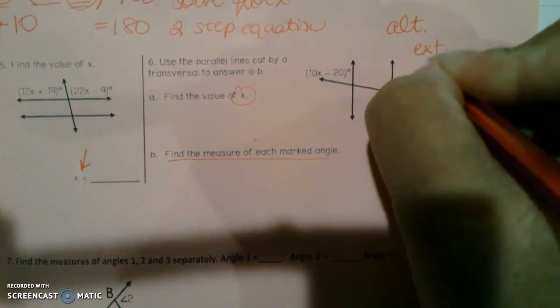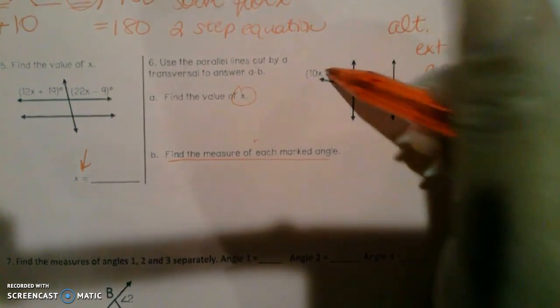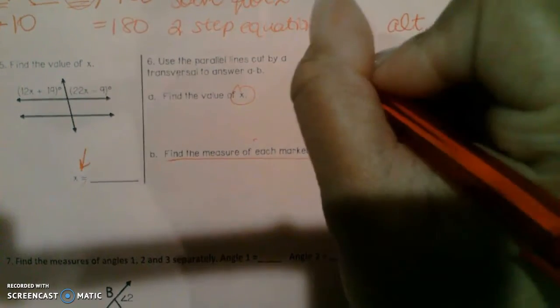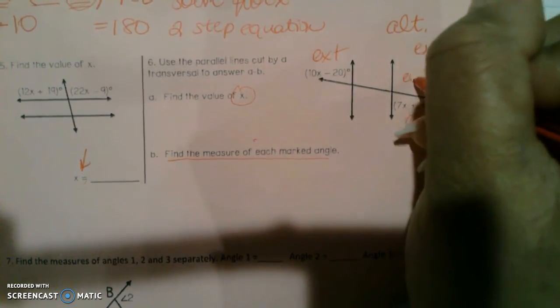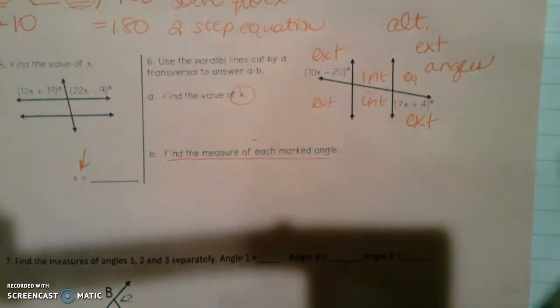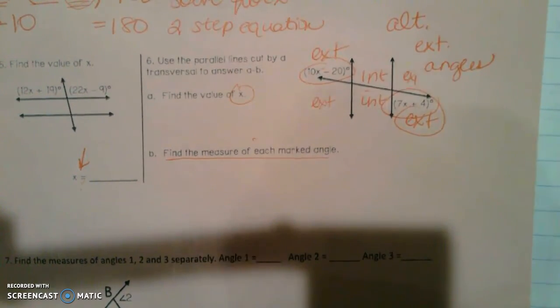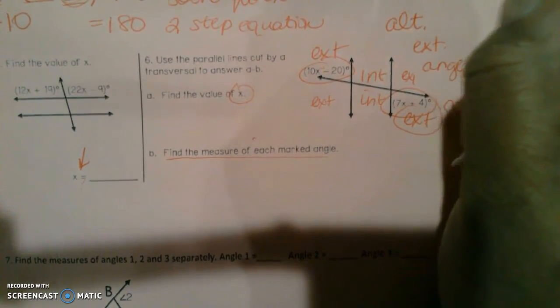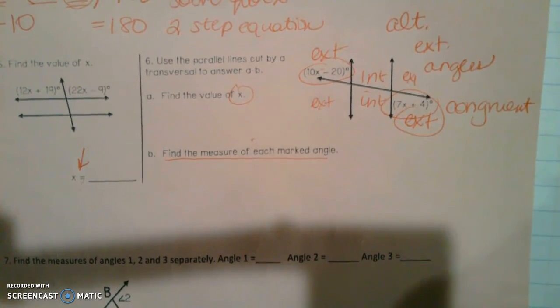Hint, hint, alternate exterior angles. Okay, they're on opposite sides of the transversal, and they're on the exterior. Exterior, exterior. This is also the exterior, this is also the exterior, and the inside of the sandwich is right here. Okay, so these two angles, alternate exterior angles, are congruent, meaning their measures are the same.